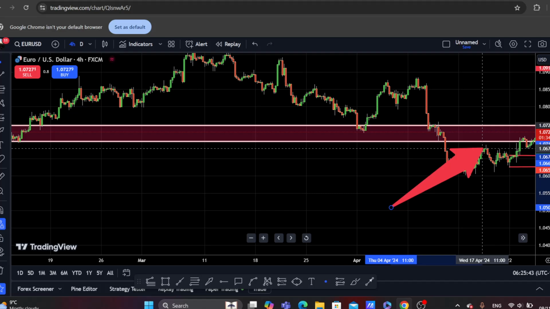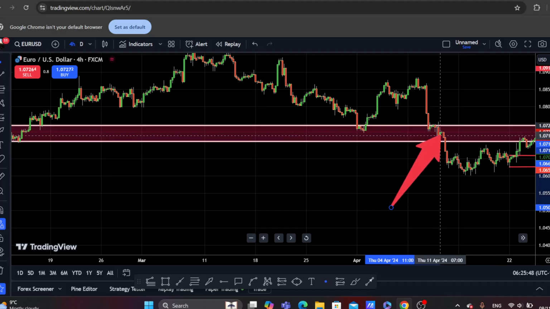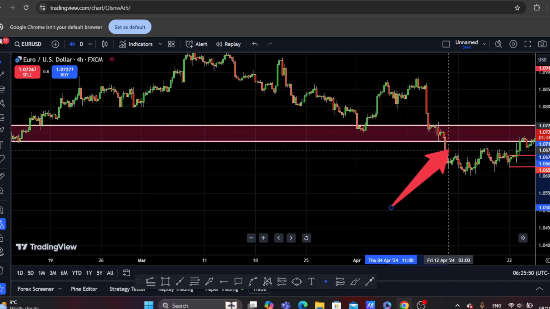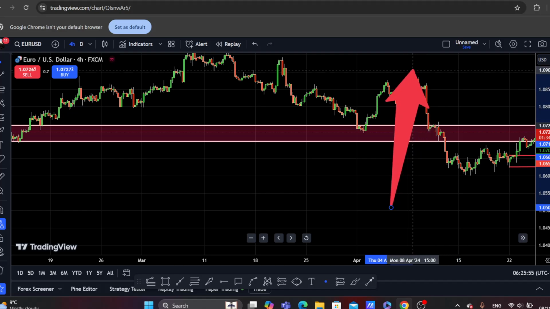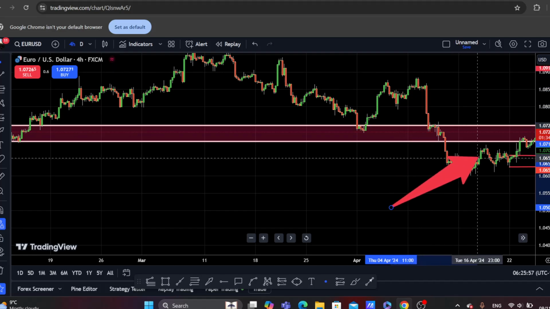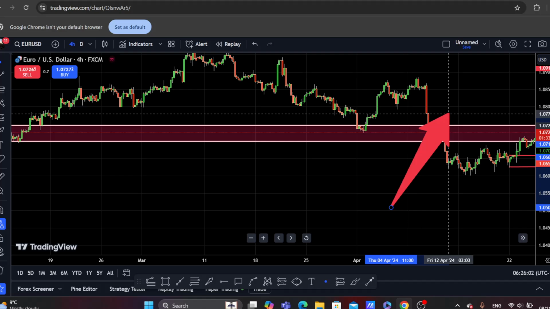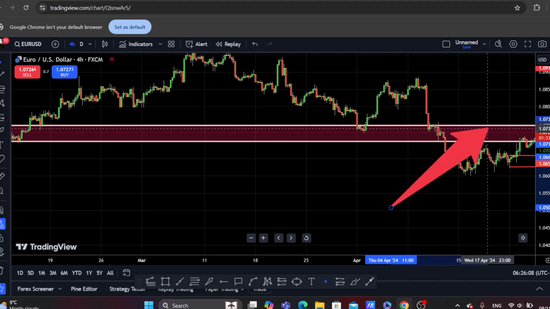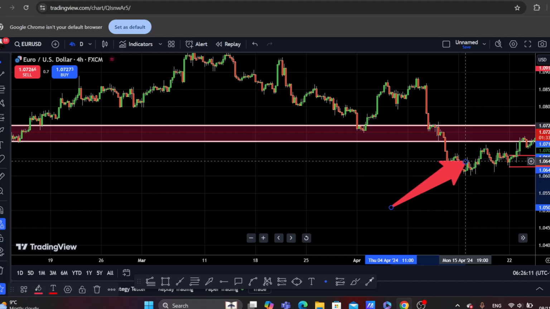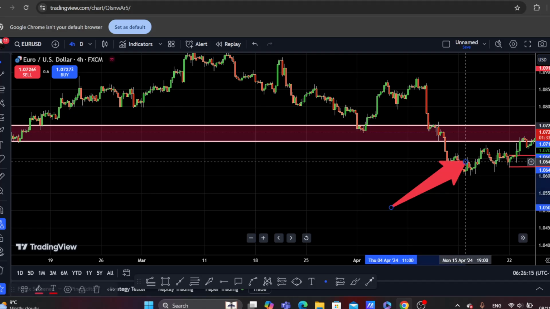Because what we do know is that once we have this breakout, there are stops entering the market. Breakout traders will go short. There will be stops above here and stops above there. So what we need to do is wait for the market to push back up to take them out. Once that has been accomplished, the market will come back again before we start heading in the direction that they wanted to go in the first place. I hope that makes sense.